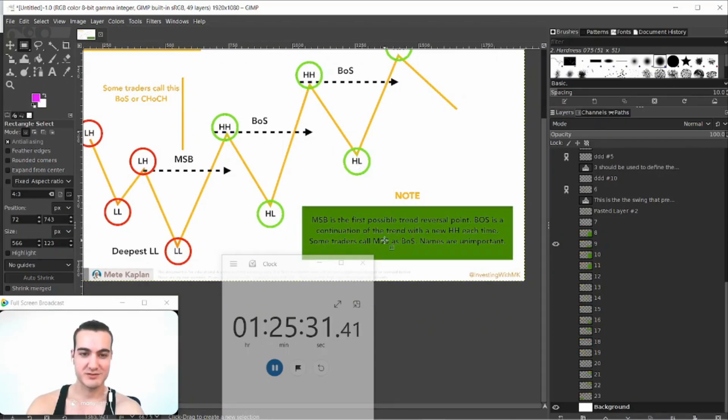Okay, this is very interesting because I've seen BOS used a lot. So market structure break is the first possible trend reversal point here. BOS is a continuation of the trend with a new higher high each time. Some traders call MSB as BOS.